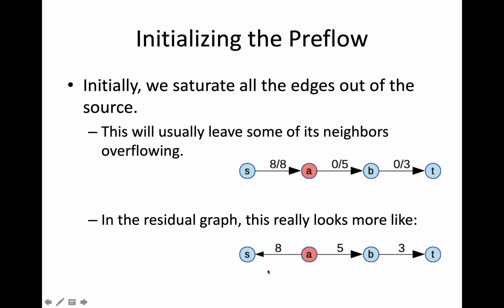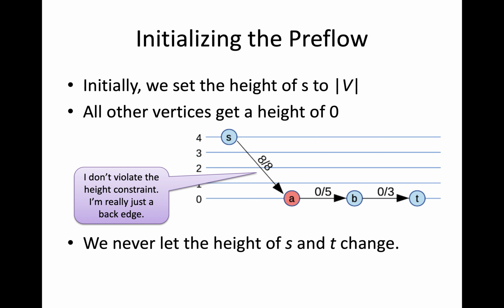I saturated the edge from S to A, so I didn't draw that edge because I can't use it, at least not for now. But I have 8 units of residual capacity going back the other way. That's like saying if you wanted to, you could take back some of that flow. You could push some commodity back from A to S. So that's how we initialize the preflow in these push-relabel algorithms.